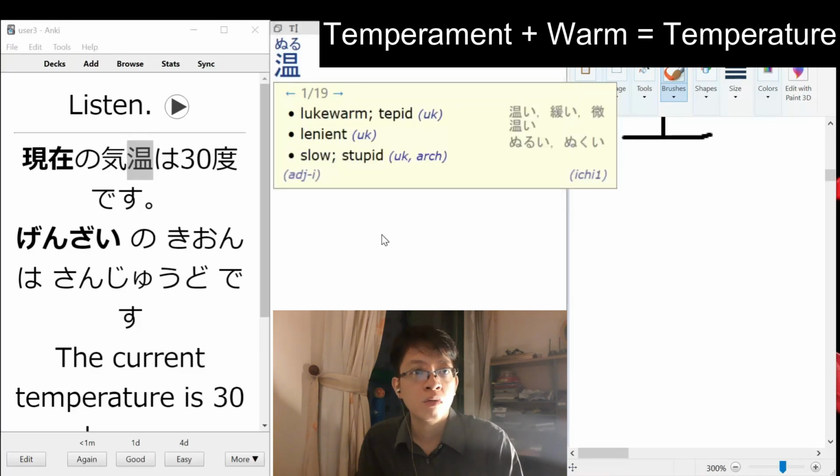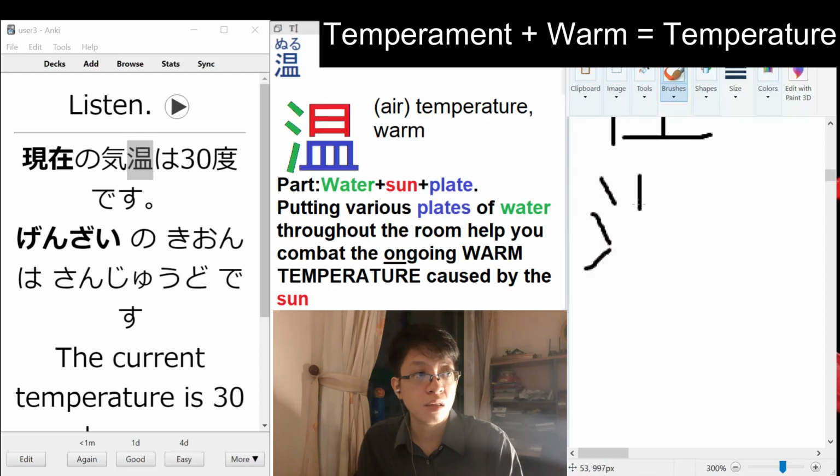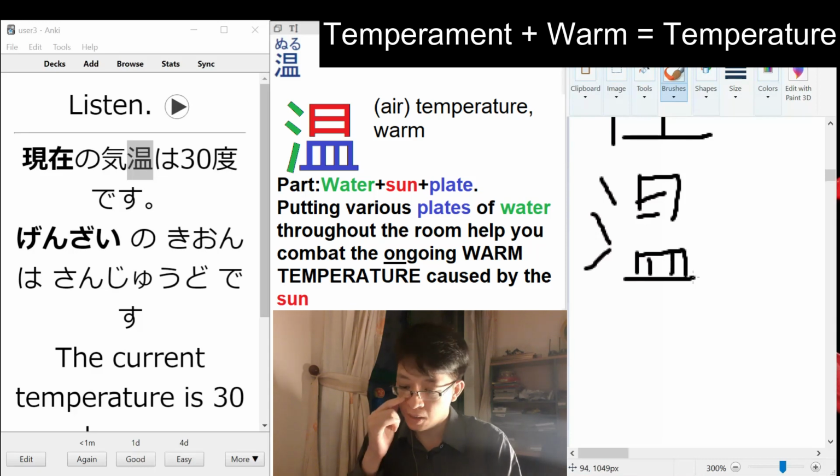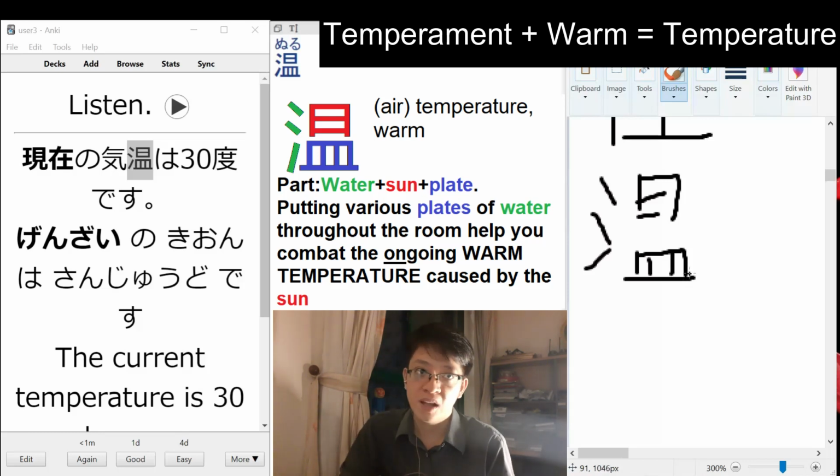Okay. Anyway, we have water, the sun, and then this one is just the place or the dish, right? And the mnemonic is for both warm and temperature. I guess if just warm, then it will be very easy, right? So the sun warms the water in the dish or the plate.